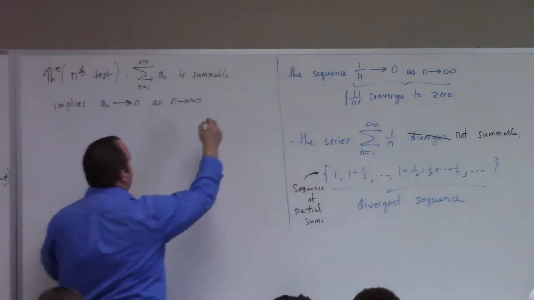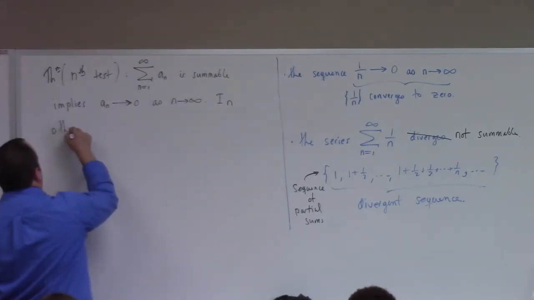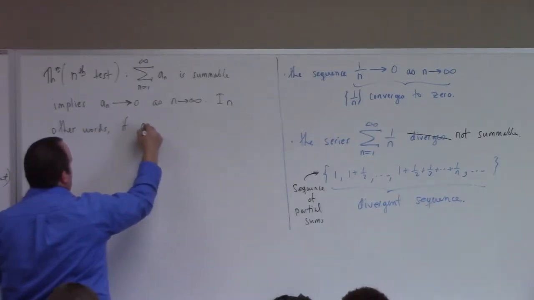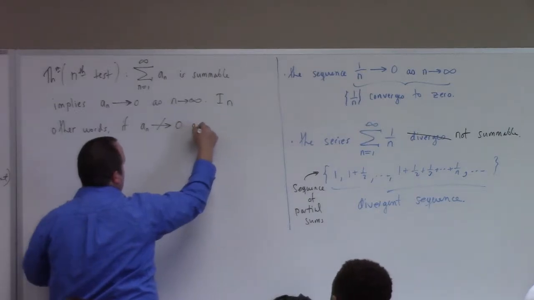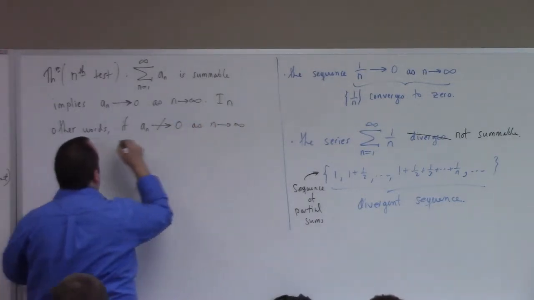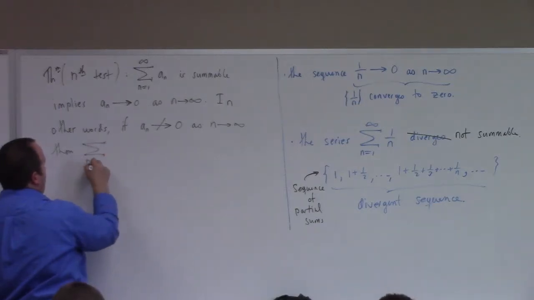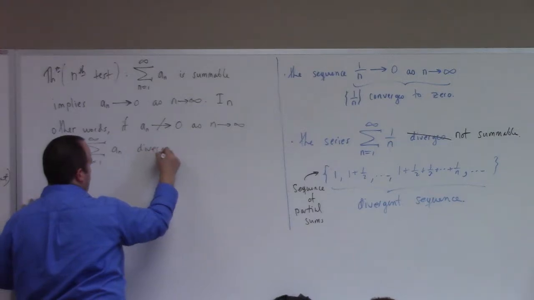Here's another way to say it. In other words, if a sub n does not go to 0 as n goes to infinity, then the series n equals 1 to infinity of a sub n diverges.